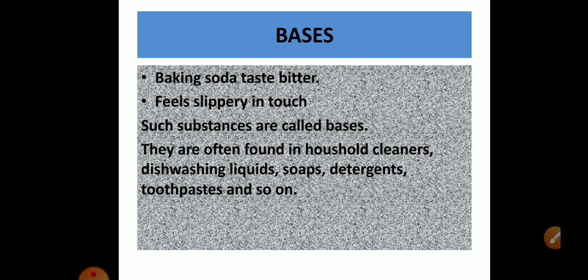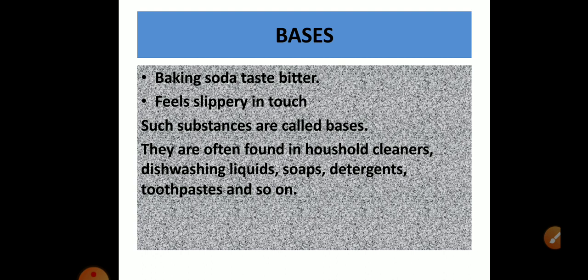It's the bases. Baking soda is an example of a base. It is used at our home for making different dishes. Baking soda tastes bitter, and when you touch it, it feels slippery or soapy.